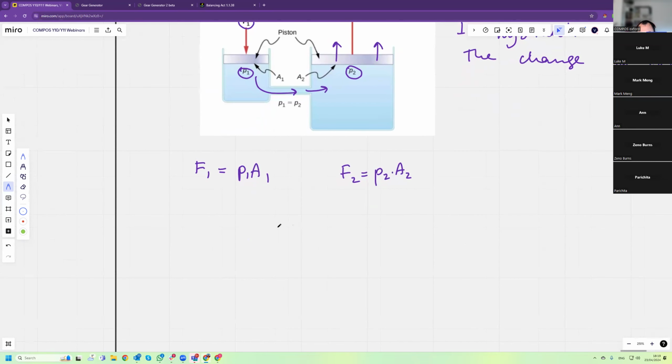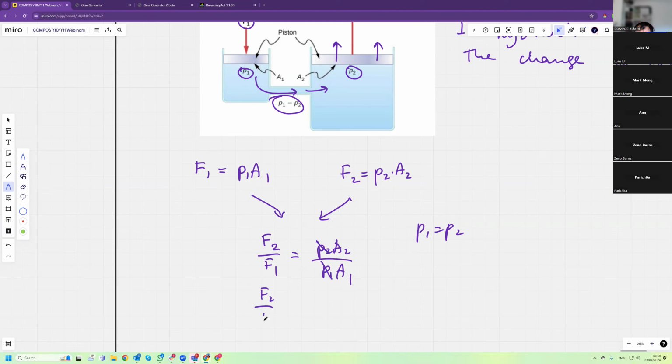If you divide them, F2 divided by F1 is P2 A2 divided by P1 A1. But P1 is equal to P2. We already know this because the pressure in a liquid is the same everywhere, again ignoring the change in depth. And so F2 divided by F1 is equal to A2 divided by A1.